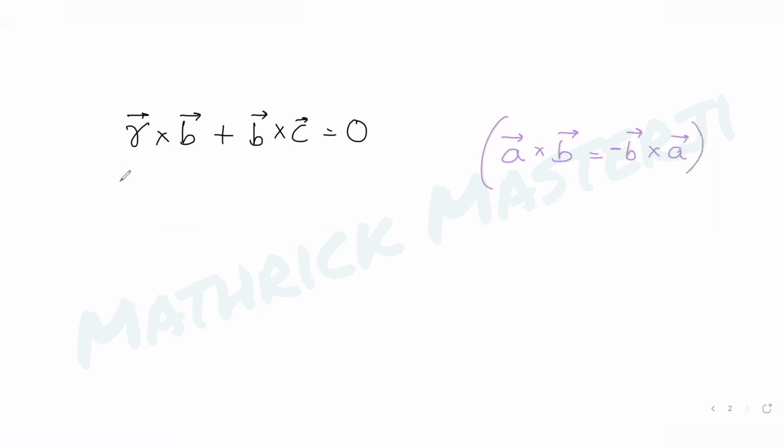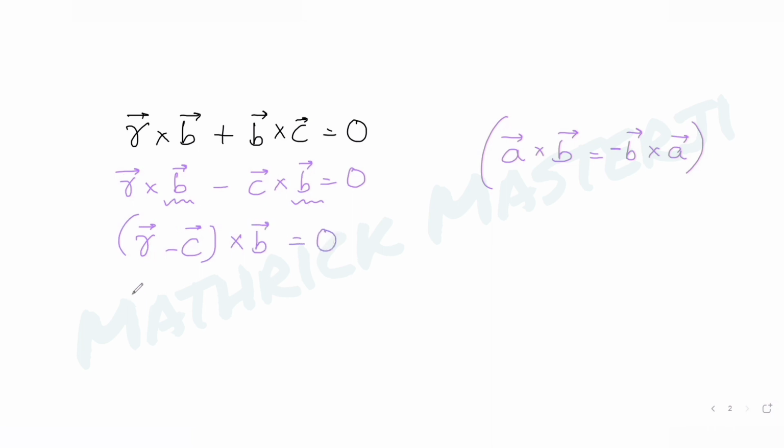So I get R bar cross B bar minus C bar cross B bar is equal to 0. Now, both terms have the same vector B bar in the second position, so I can write that as (R bar minus C bar) cross B bar is equal to 0.